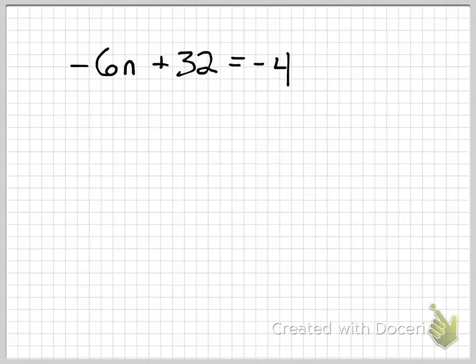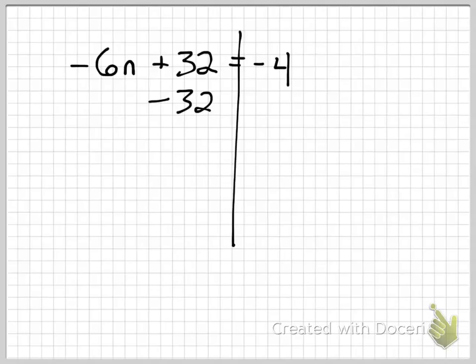Bigger numbers. Is that a problem? No, shouldn't be. The first thing, line on the equal sign. Is the variable happy? No, not at all. He's got a party going on in his house, and he wants to be alone. What do I get rid of first? The negative 6 or the 32, Morgan? Why? Right, exactly. How do I get rid of that 32? Minus 32.